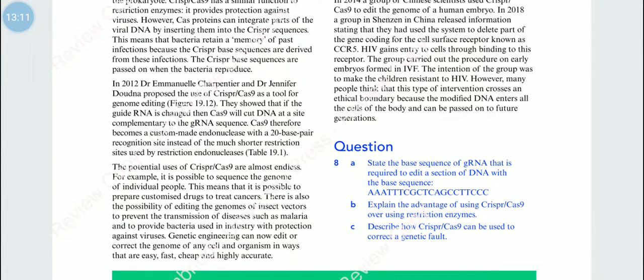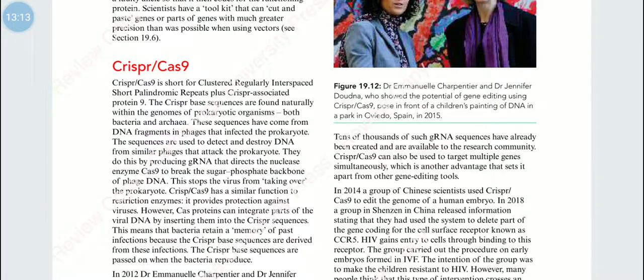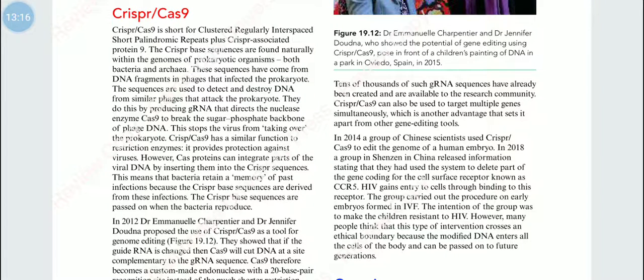They can also be used to make sure that human embryos do not have defects, so you can delete and destroy certain parts of the gene code in order to prevent some of the diseases.